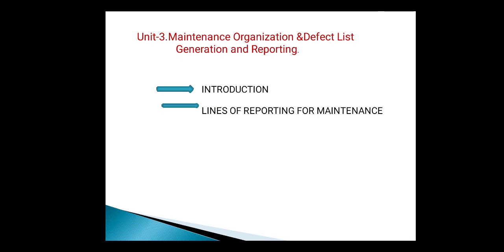Next, lines of reporting for maintenance. It comes under maintenance organization. To report to someone without full authority over most of the operations, lack of authority, is the most terrible thing in assuming responsibility for work performance. Maintenance engineering should report to the level that is responsible for the plant group which it serves.